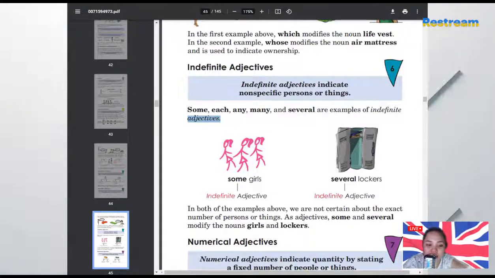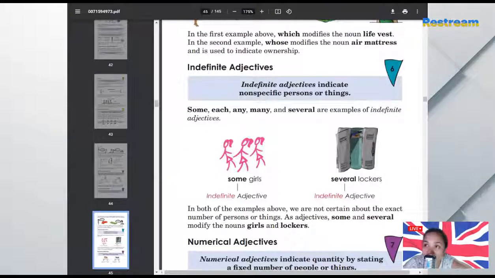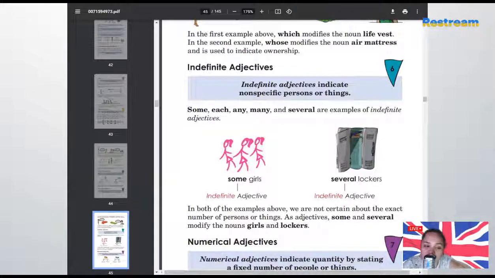For example, we have here some girls and several lockers. From the words some and several, these are the indefinite adjectives, because there is no specific name. Either there is Anna, which one is the first girl that you have, or Marie, you might call someone the wrong name and they will get mad at you, right?